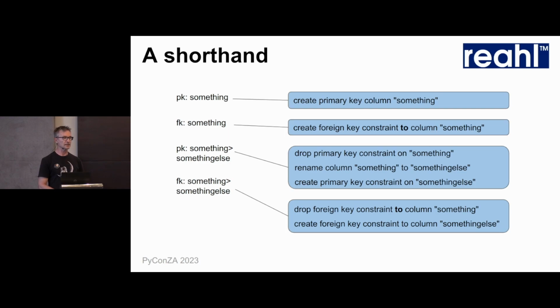If I say FK something, it means create a foreign key constraint to that column. If I say PK something to something else, it basically means do all the various things you need to do. In this example, I said drop the primary key, rename the column, recreate the primary key constraint. If I say FK something to something else, I similarly mean you need to drop the foreign key and recreate it differently.